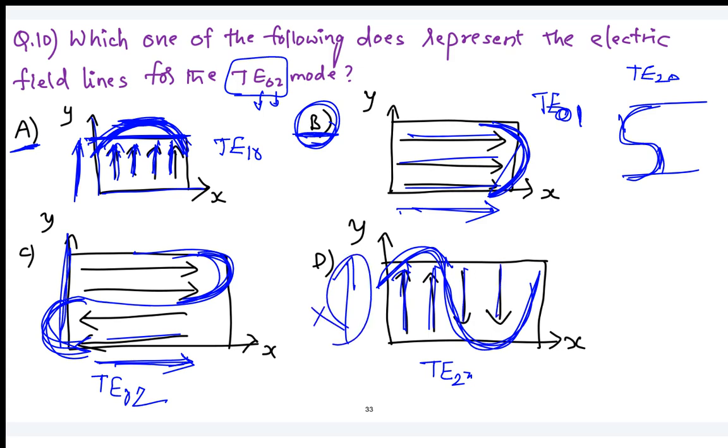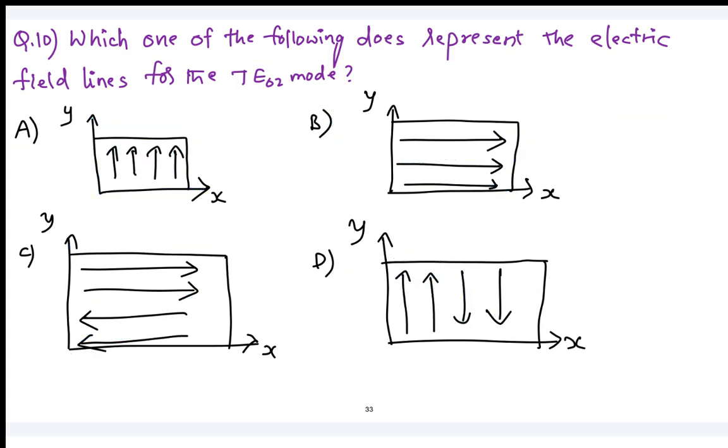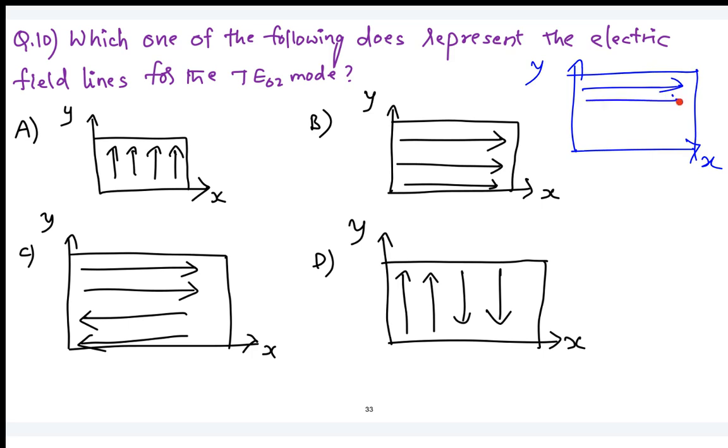I will give another example, then you can understand it better. For this one, the answer will be TE0 something, option C. In the X direction, you don't have anything. Let me give this one, then you can tell me the value.